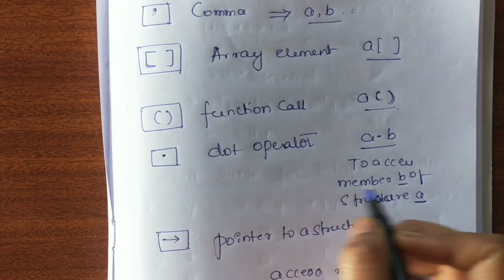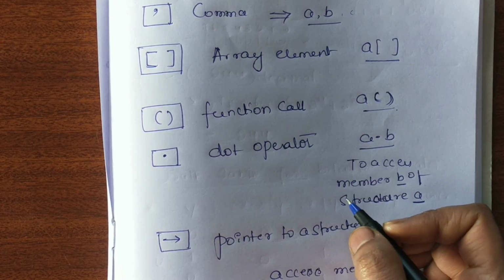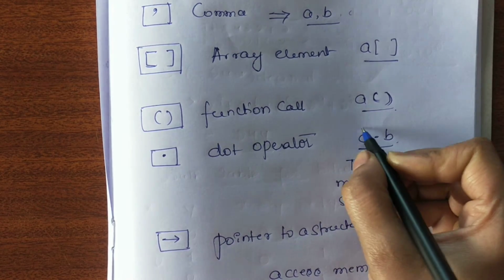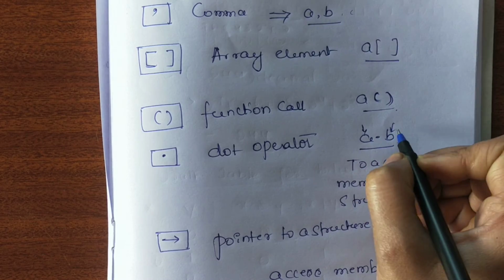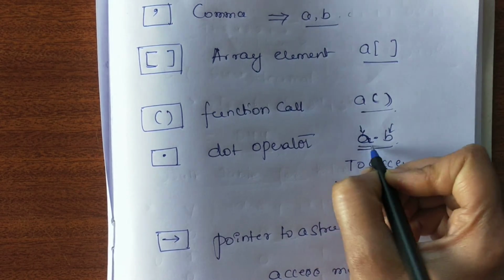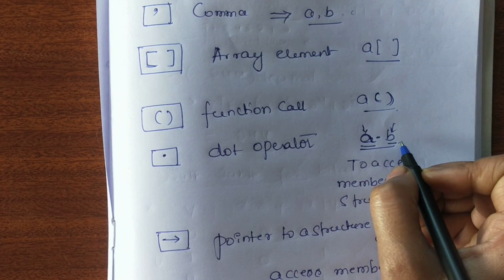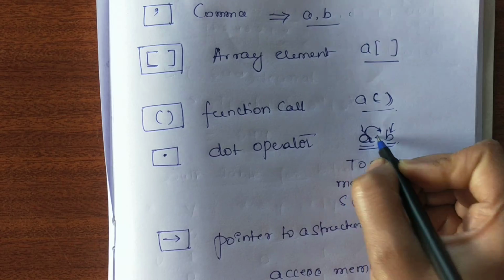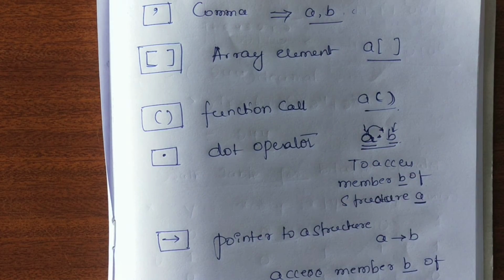Dot operator, A dot B. This dot operator comes in the structure concept. Suppose A dot B means A is the structure and B is the member of the structure. Remember, A is the name of the structure and B is the member of that structure. Then the structure can access its member by using the dot operator.